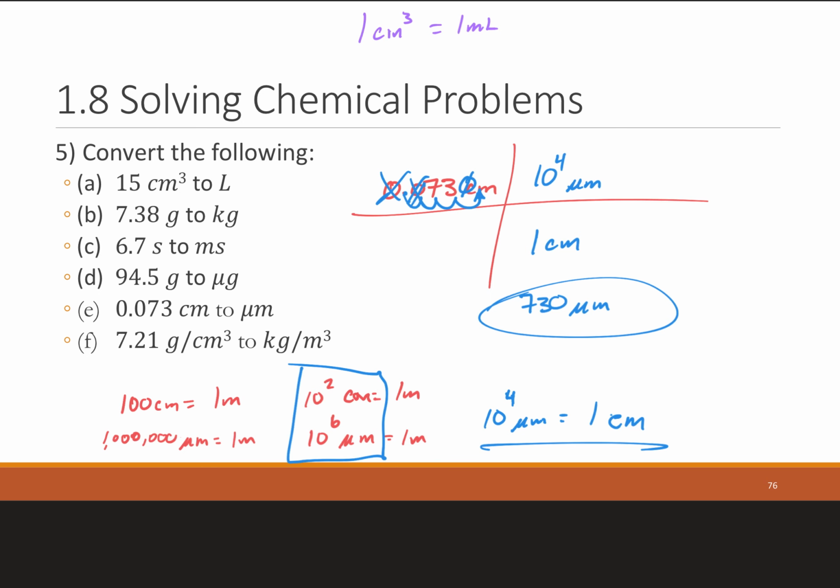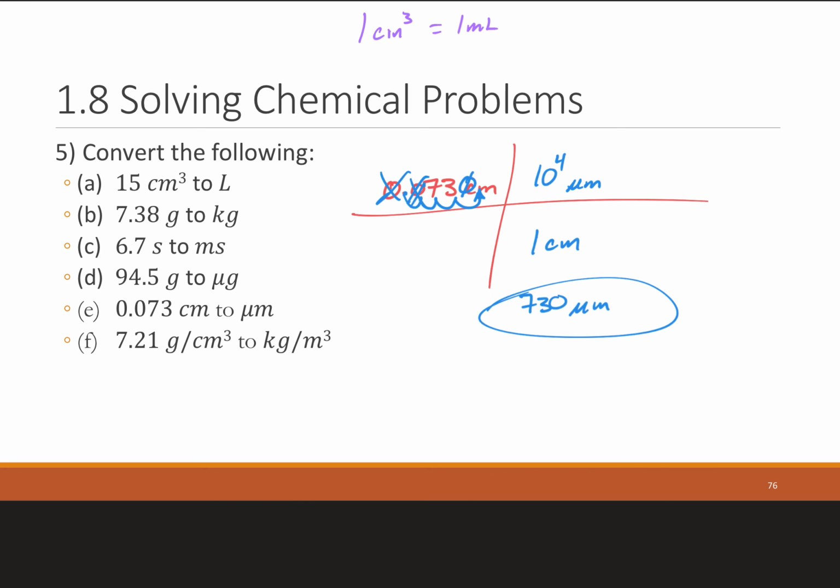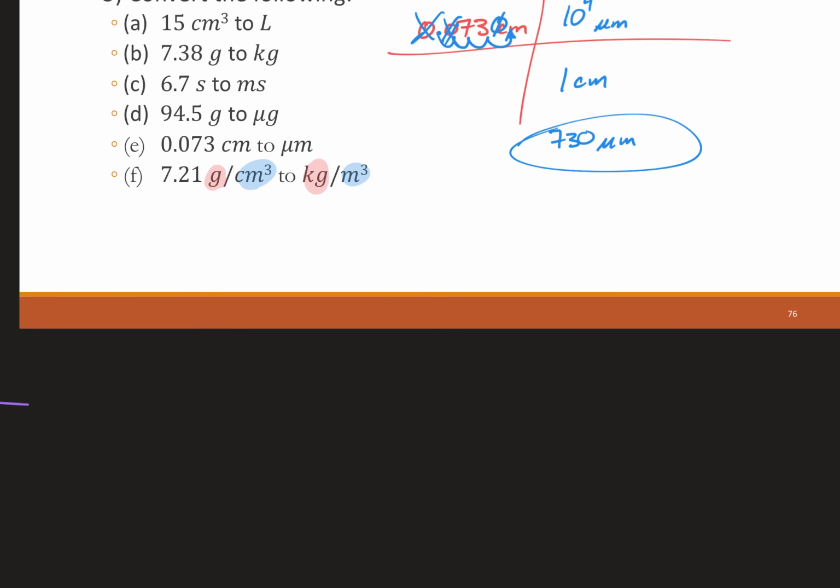Now the last one is going to be the most challenging, and that would be because we have grams converting into kilograms, and we have cubic centimeters converting into cubic meters. Also it's cubed there, so that's critically important.